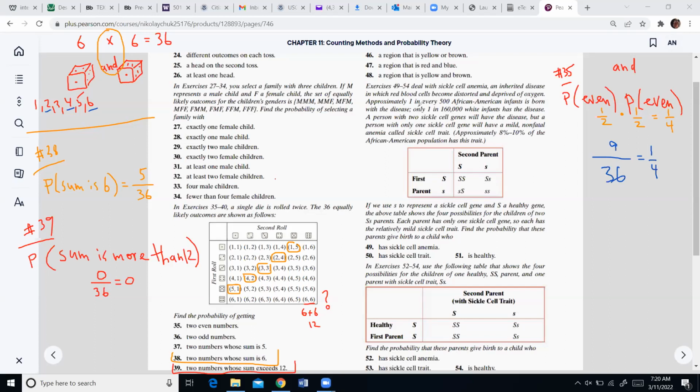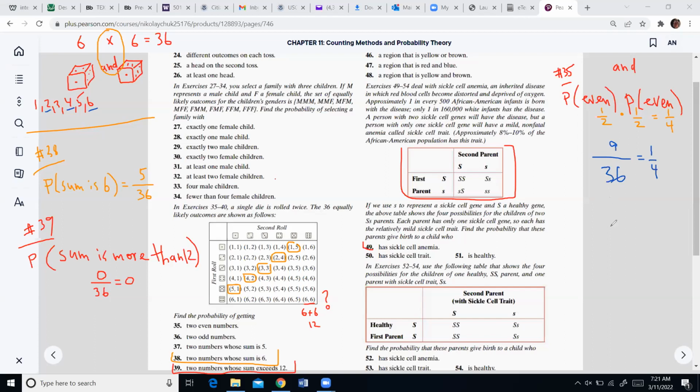So let me look at the next side of this page and try exercise 49. This talks about sickle cell anemia, and that's a disease that people inherit. That's pretty sad. Notice that we have a little table analogous to the case with the heads and tails.